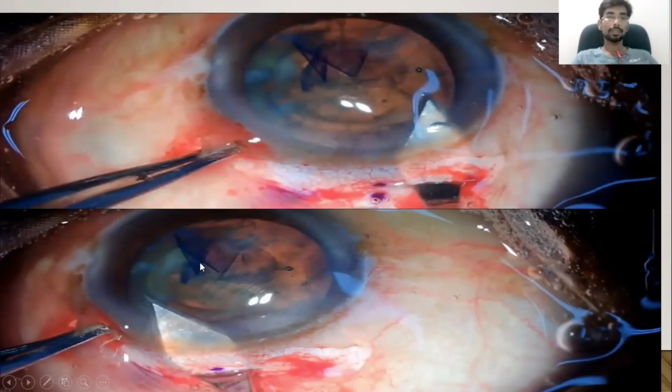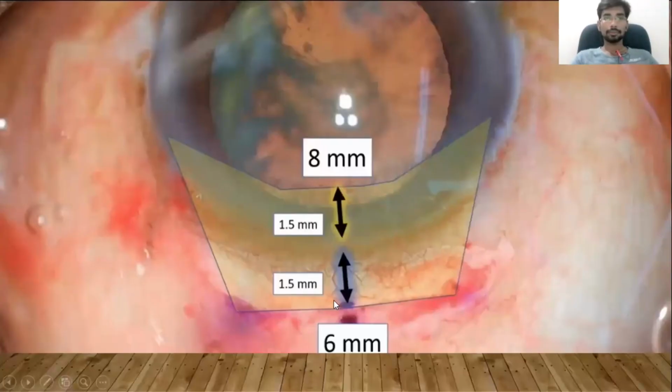Here also we are cutting the sides of the tunnel, and it should be from limbus to limbus. When we see the whole tunnel once again, this is internal part, corneal part, and this is scleral part. So these are side pockets to provide room for nucleus delivery.